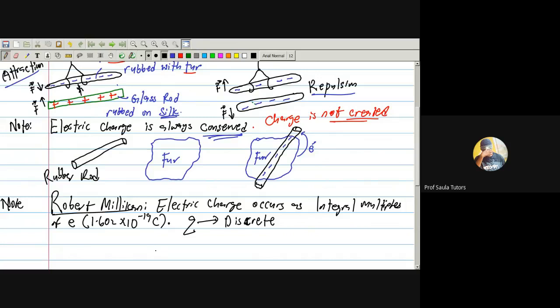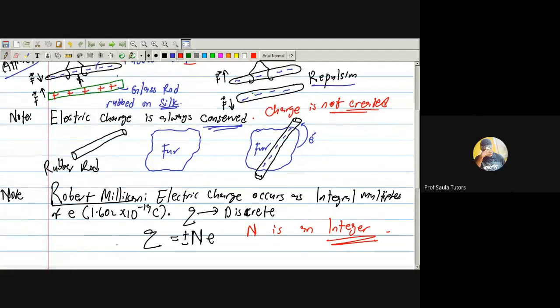According to Robert Millikan, we have Q equal to plus or minus ne, where n is an integer. You can use small letter n or capital letter N. So this charge can be Q equal to 1e or 2e or 3e or 4e, just saying that the coefficient will always be an integer.